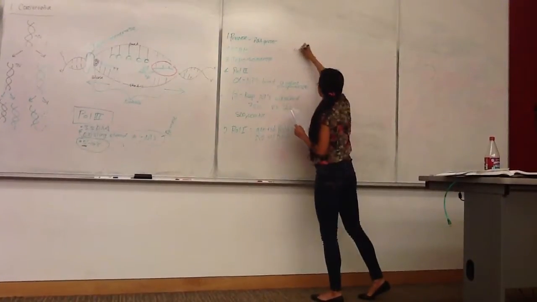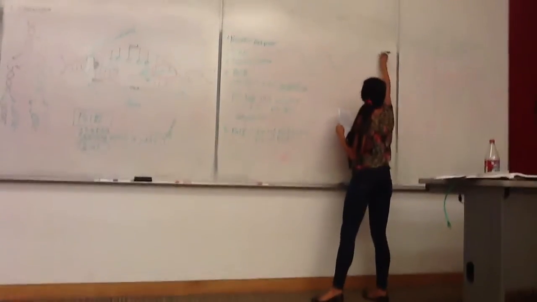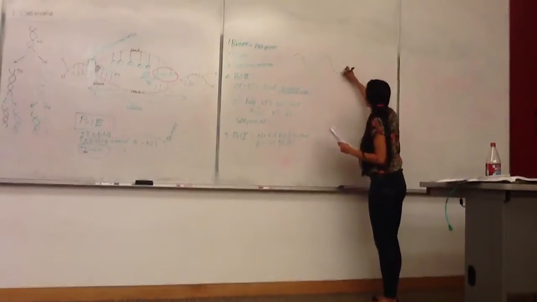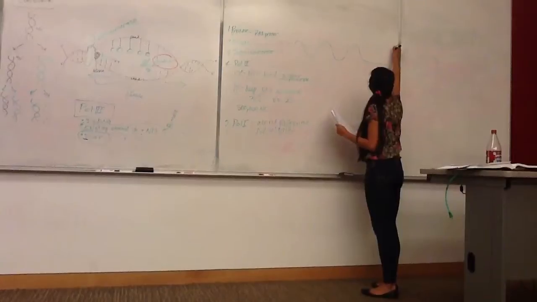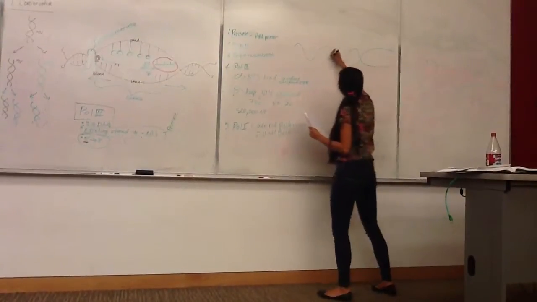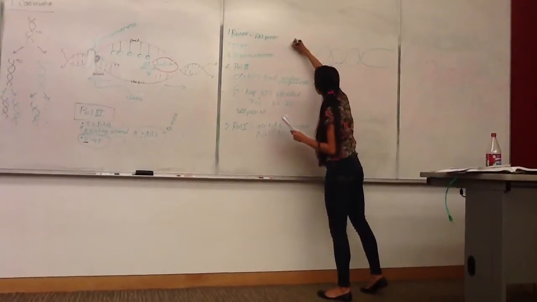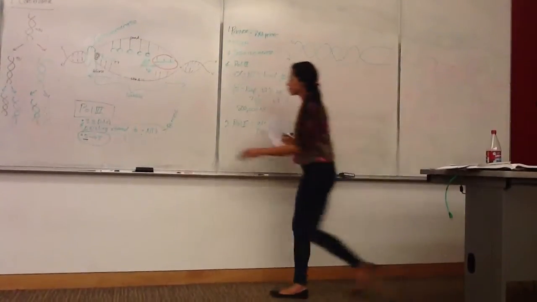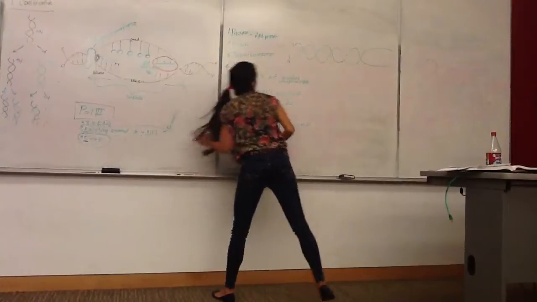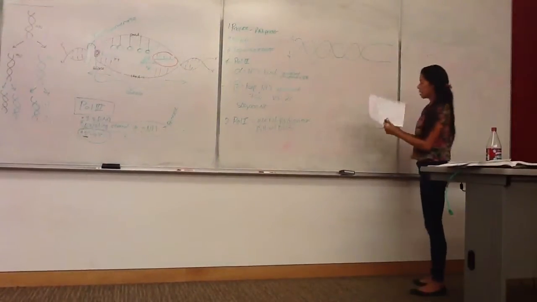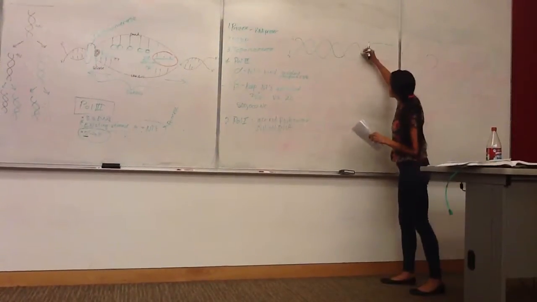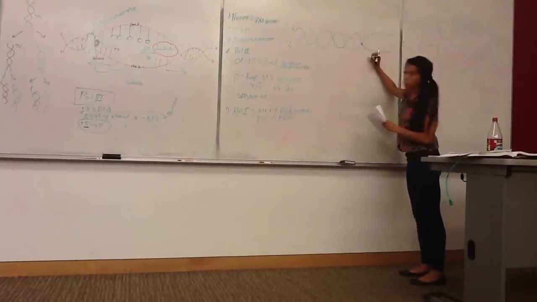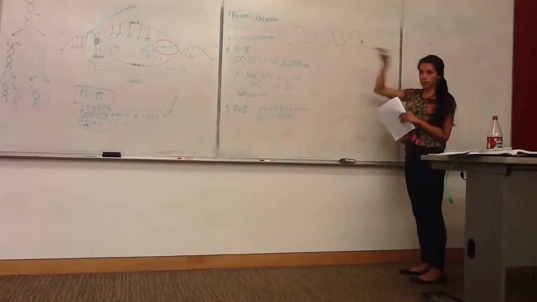Okay, so imagine you have your DNA. And your replication fork is here. And the direction that the DNA is unwinding is that way.